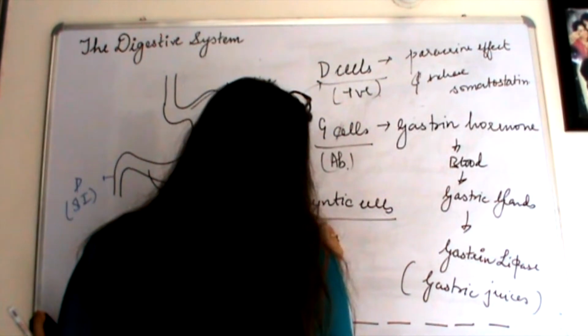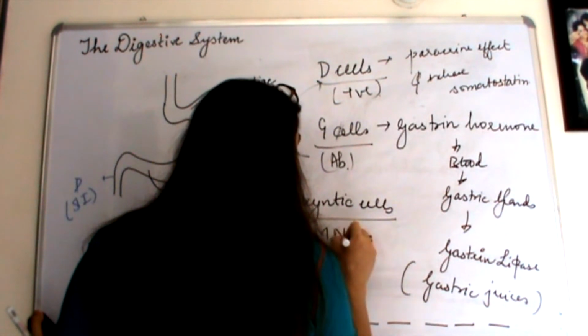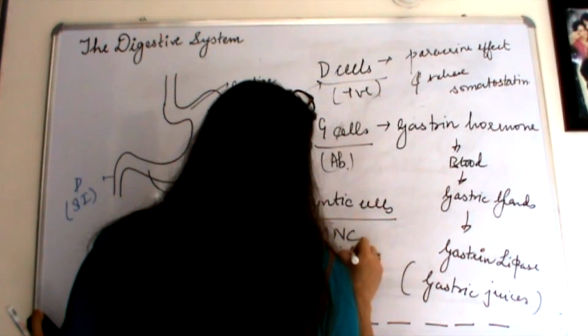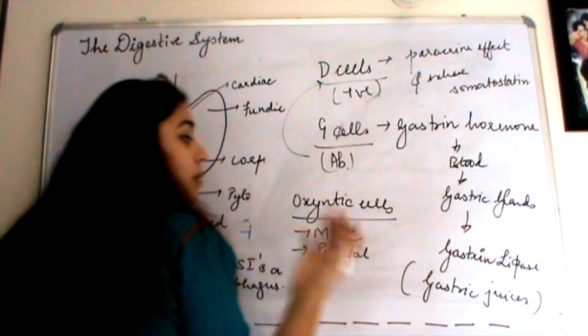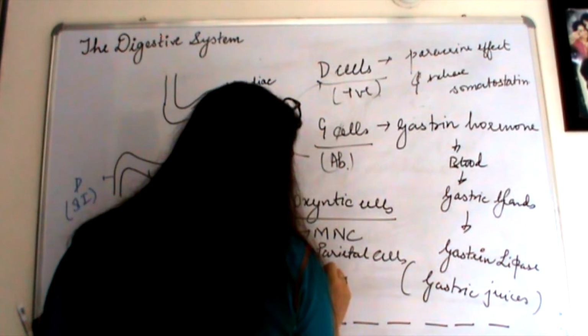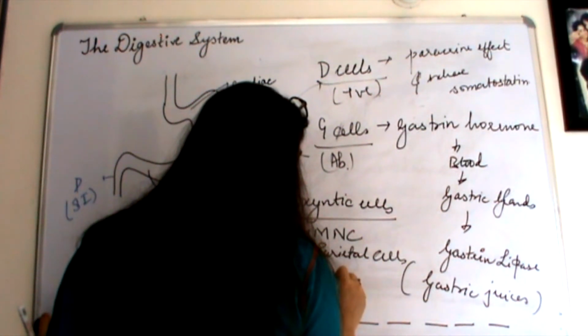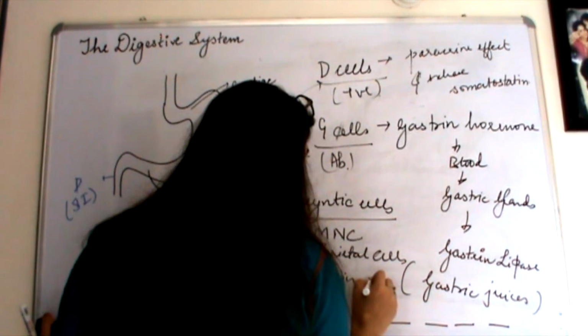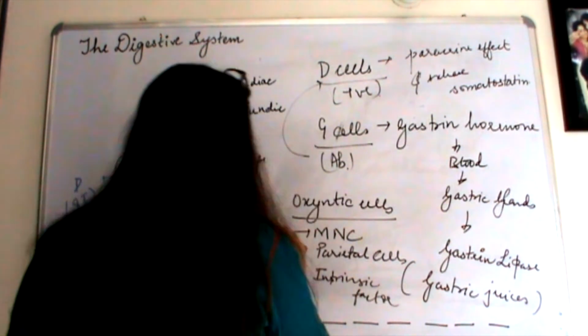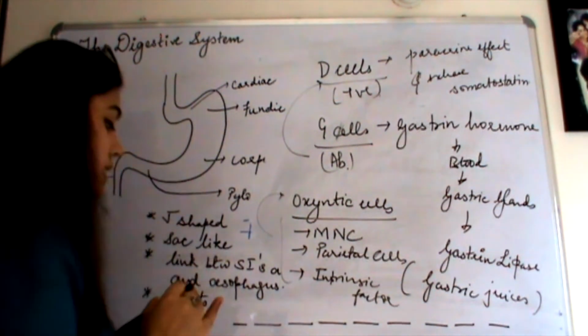What are the oxyntic cells? Mucous neck cells, parietal cells, which I've already told you as peptic cells, and the third one is intrinsic factor. These together, all three together, are known as the oxyntic cells.